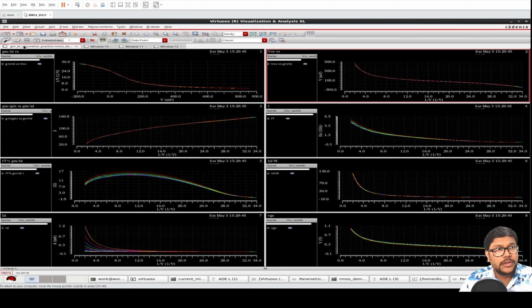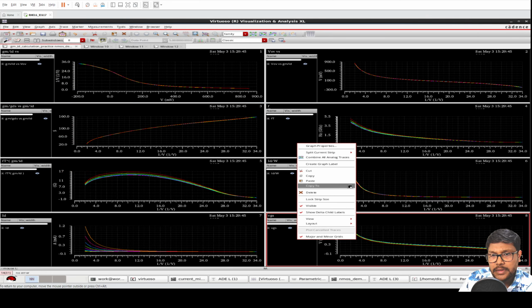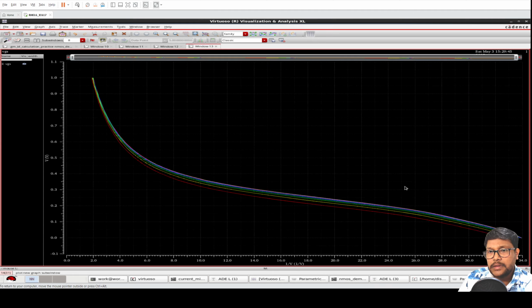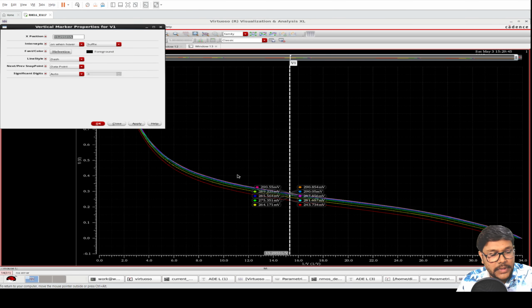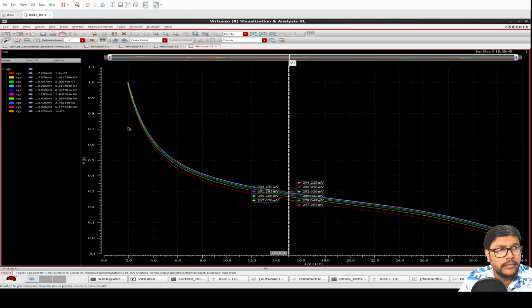Okay, so what is the VGS? This VGS is there, so VGS will be 292 millivolt or 290 millivolt.